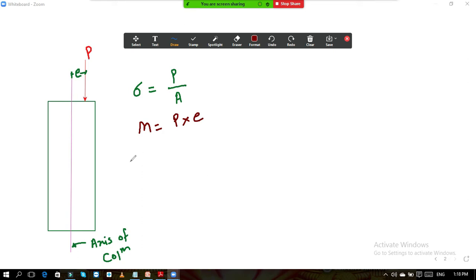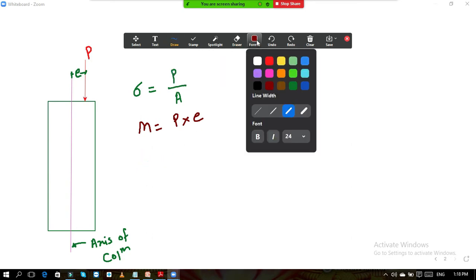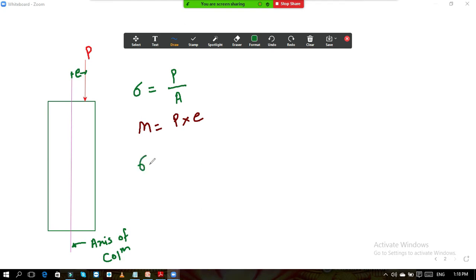Due to this moment, bending stress sigma b will also get generated, and it can be calculated as M by Z.